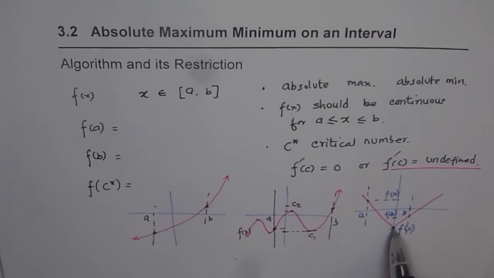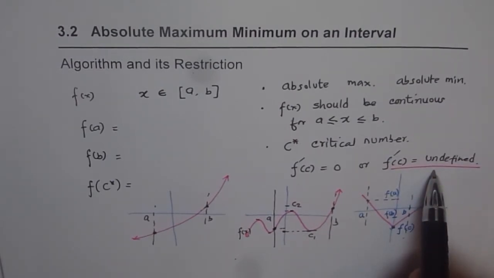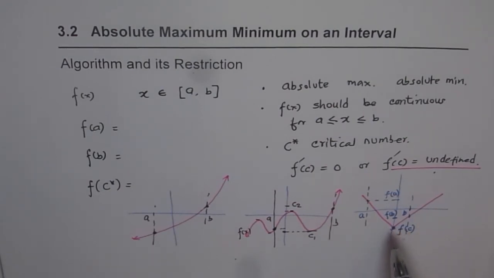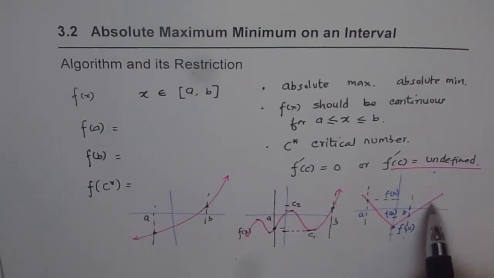Here it is a critical number since the derivative of this function is undefined. So therefore we need to check the values of the function at the boundaries, which are A and B, and also at the critical number C. And if you compare the three values, you get your answer.